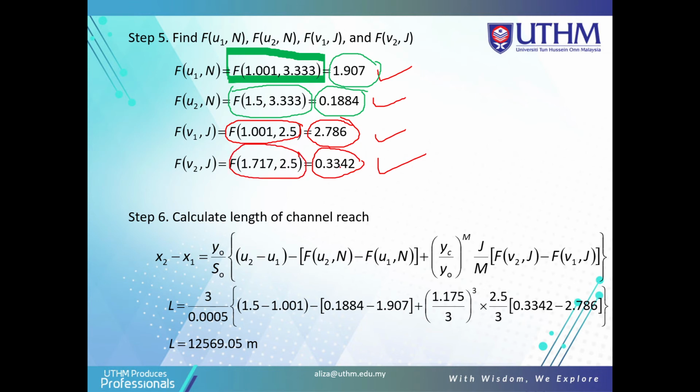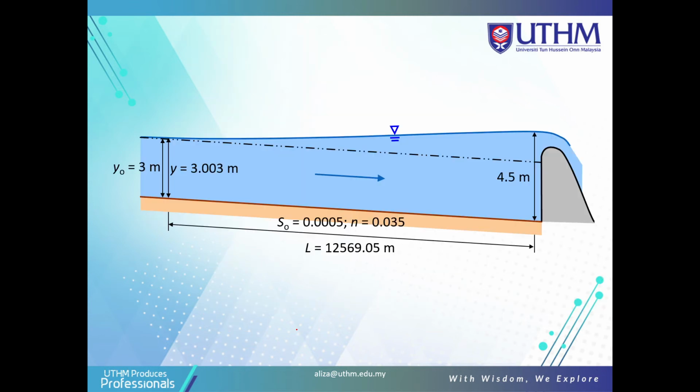After we get these 4 values here, just put all the values in this equation, and then you get the length of channel here using the direct integration method. After you get the L here, you sketch the profile here.